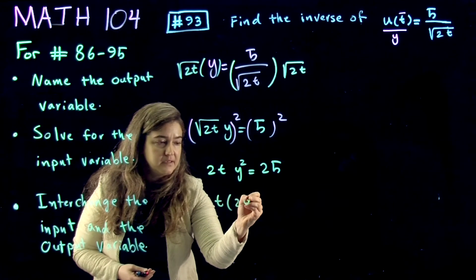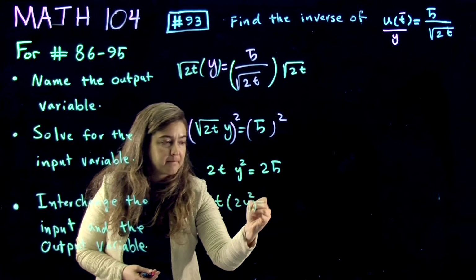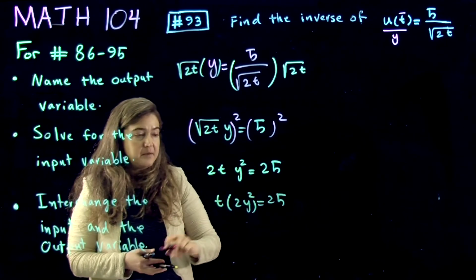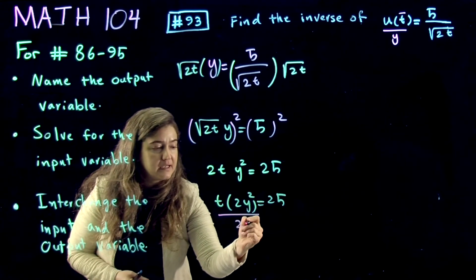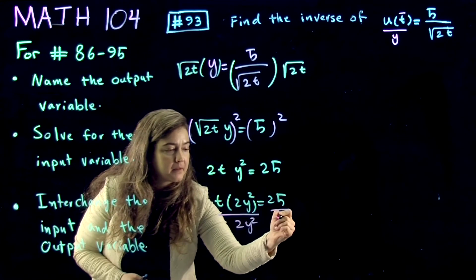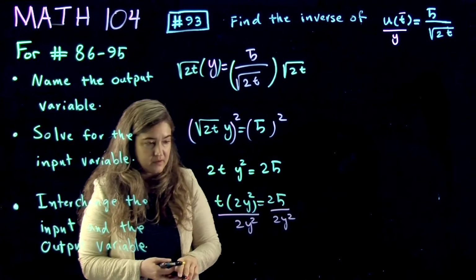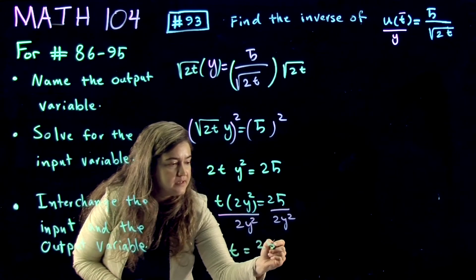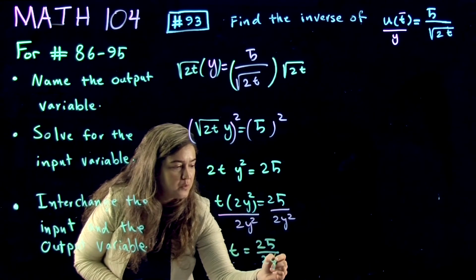Now that t is isolated, I want to factor t on this side, and then divide by what multiplies t. So t is going to be equal to 25 divided by 2y squared.